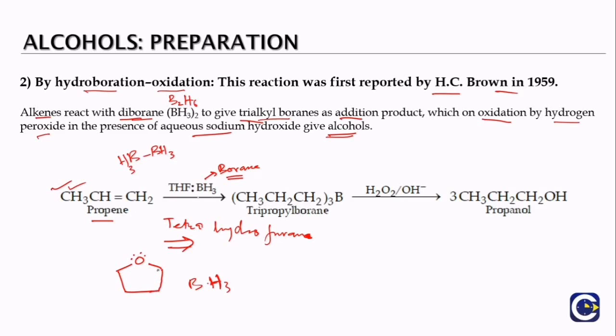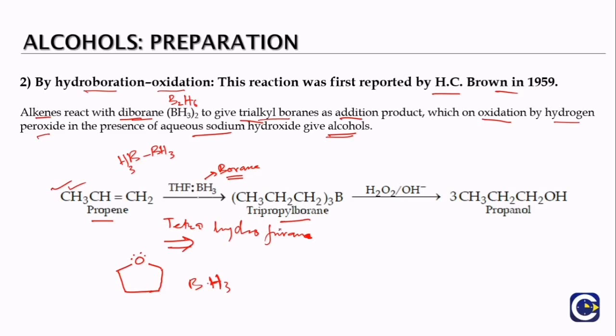This is just an ether, an ROR group. In the first step, we react propene with BH3 in the presence of THF as solvent, and in this step we get tripropyl borane. In this example we get tripropyl borane, and generally we can say we get trialkyl boranes.